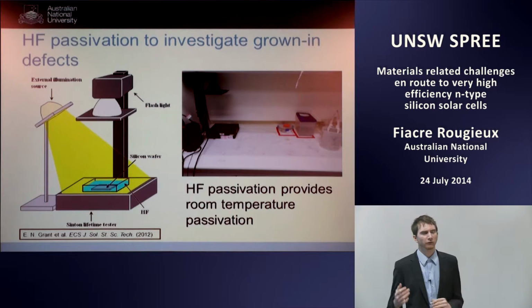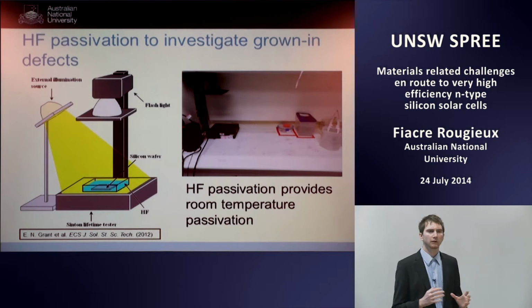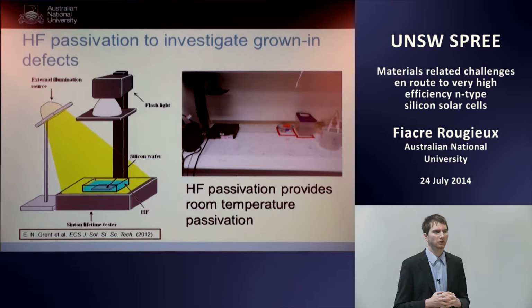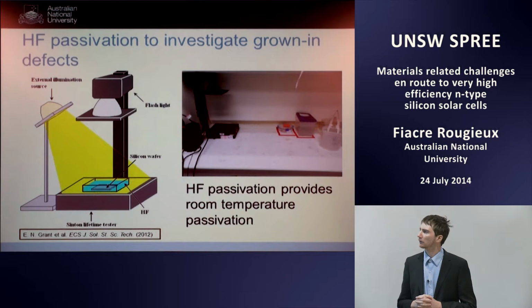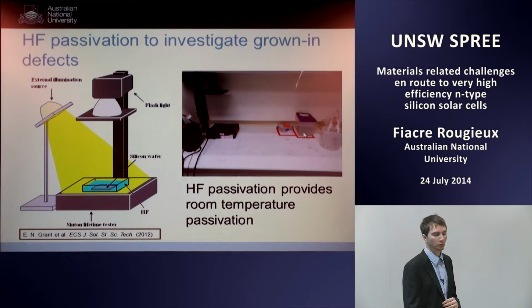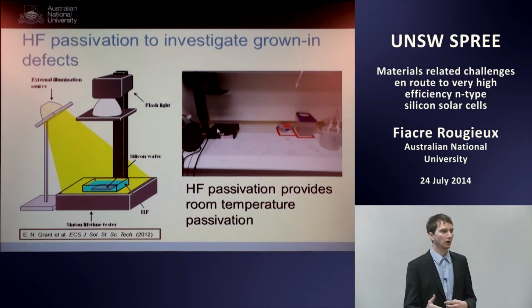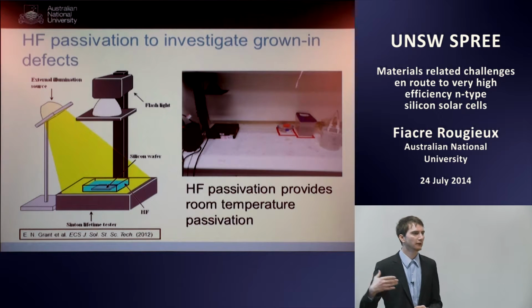We start by doing a surface preparation, typically RCA clean followed by TMAH etch, to really prepare the surface. Then we put the sample straight into the HF, and then put it on the Sinton tester and activate the passivation with light.